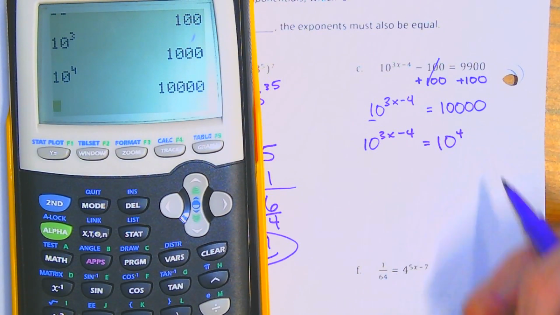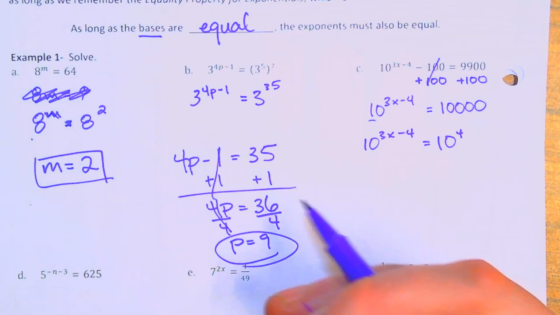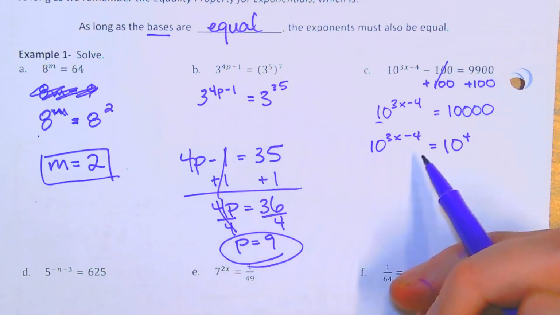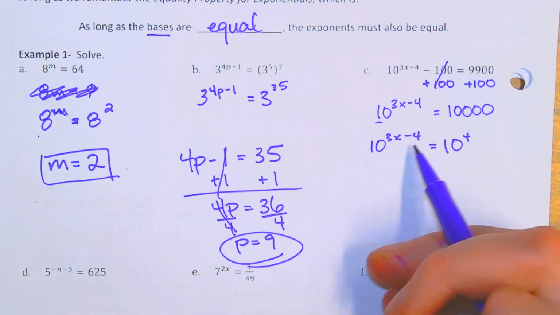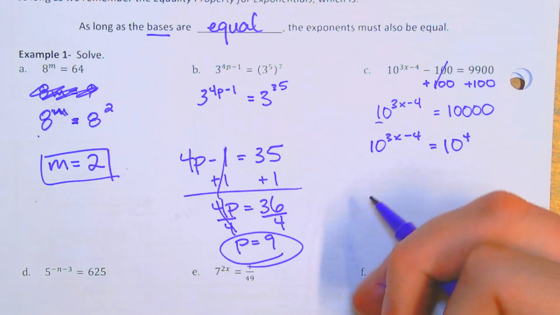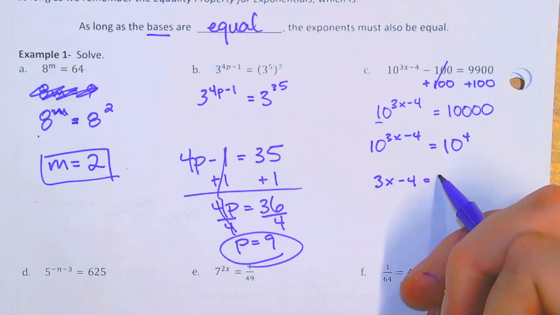10 to the 4. And just like we talked about on our previous problem, if the exponent bases are the same, and our base is 10, and our base is 10, then that must mean that 3x minus 4 and 4 are the same. So I'm going to do that here. 3x minus 4 equals 4.